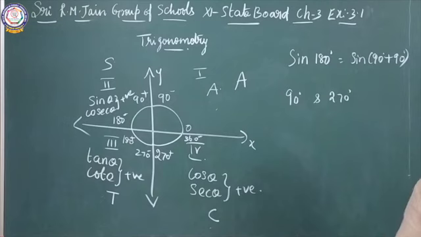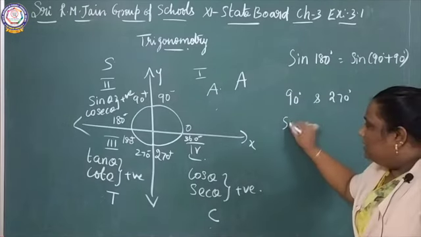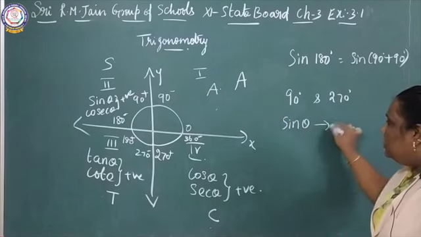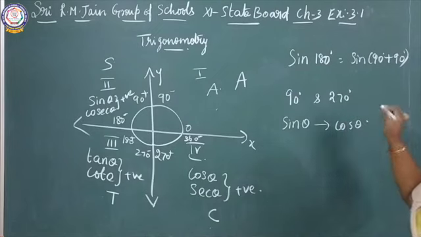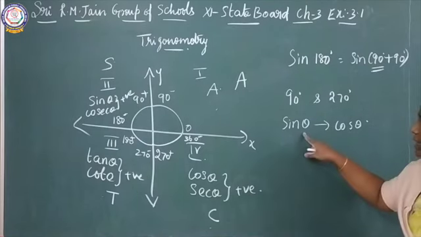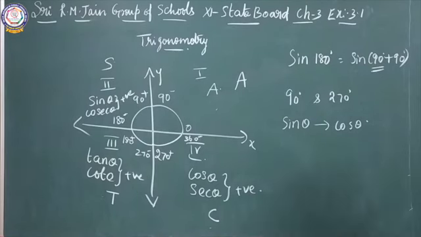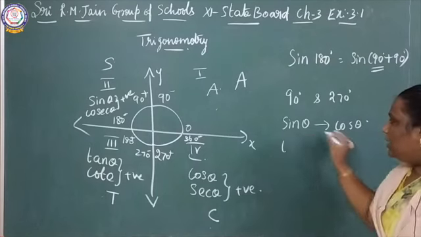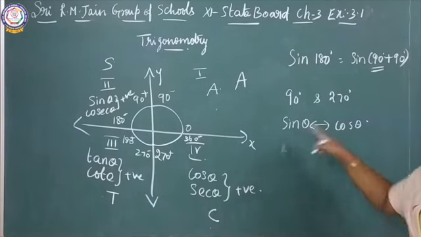If it comes like 90 plus theta, sin theta will change into cos theta, and cos theta will change into sin theta.